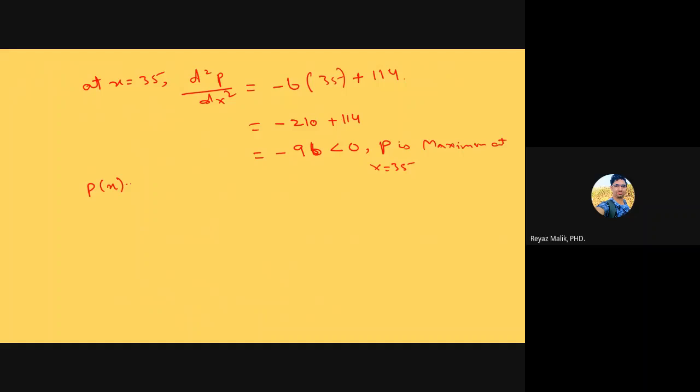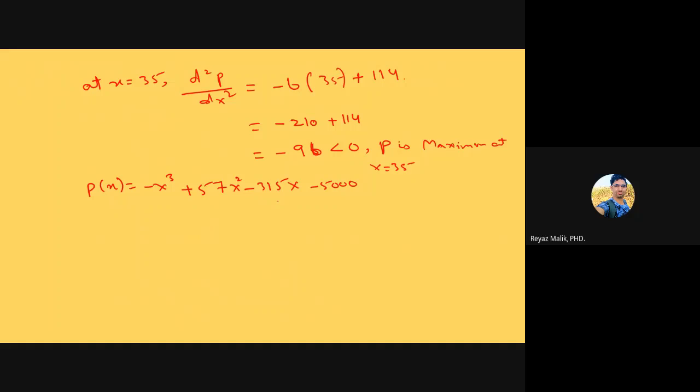P of x equals minus x cube plus 57x square minus 315x minus 5000.